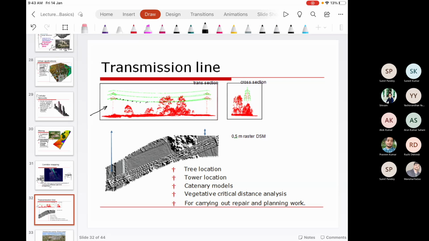Okay, so in transmission line based mapping and further monitoring, there are the tree location, tower location, catenary models, and vegetation critical distance analysis, like what should be the optimal distance that has to be maintained between the wire and tree canopy. Once we collect this information, it will help us in carrying out repair and planning work.